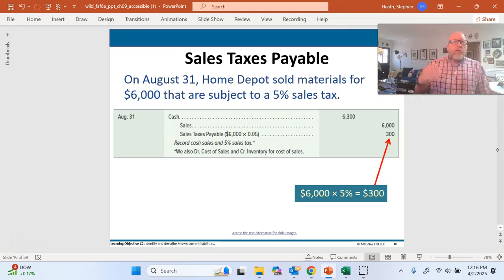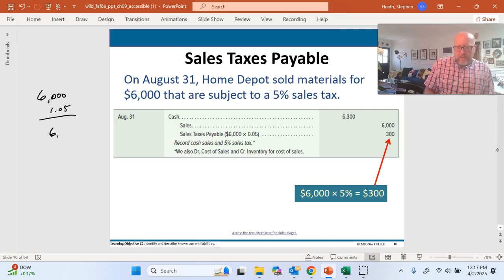However, we also charge them a 5% sales tax. And so we're really saying, hey, listen, the total amount of your purchase is $6,300.